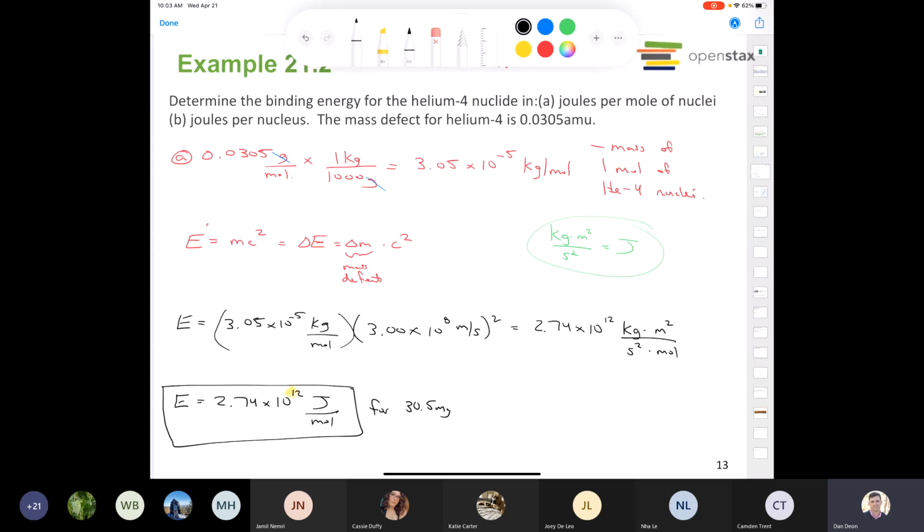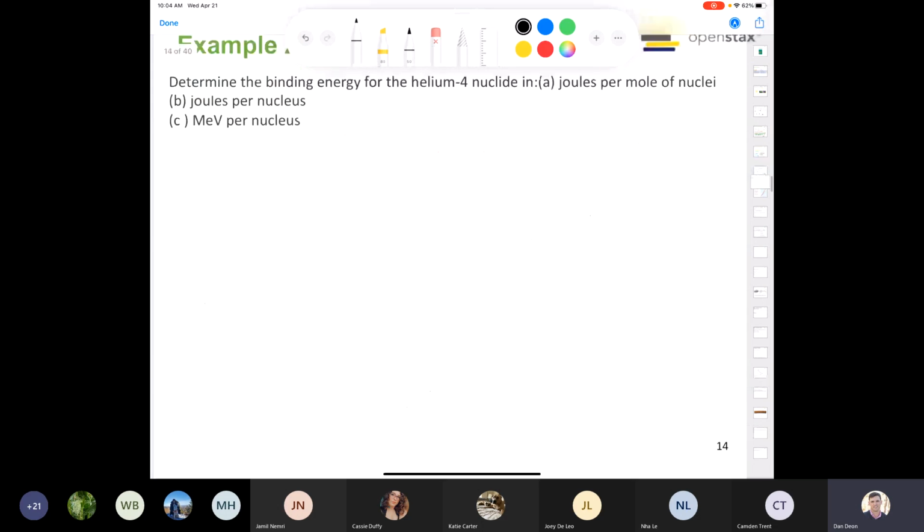Well, it asks us to determine it in the number of joules per mole. Now we're going to figure it out in terms of the number of joules per nucleus.